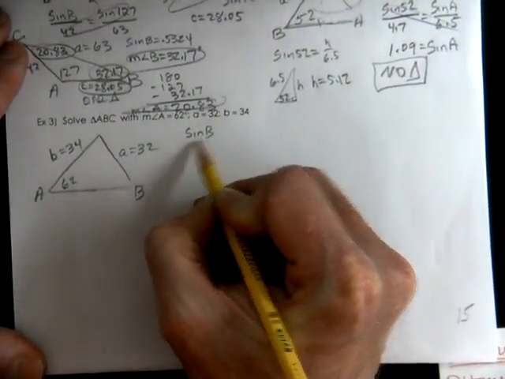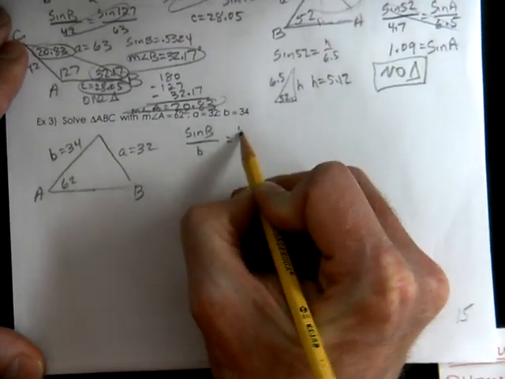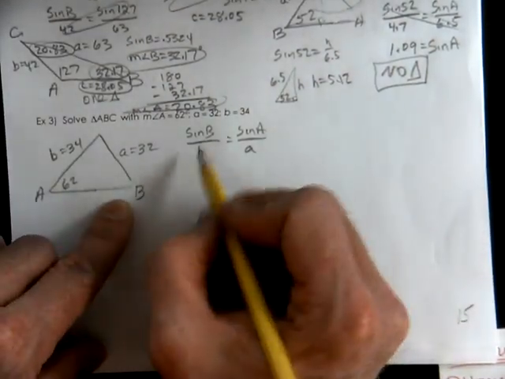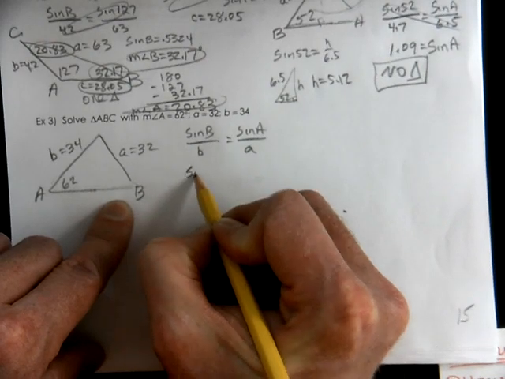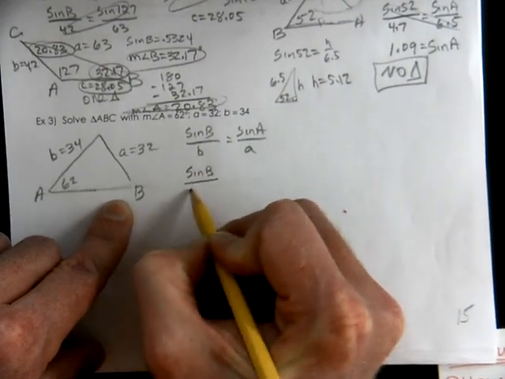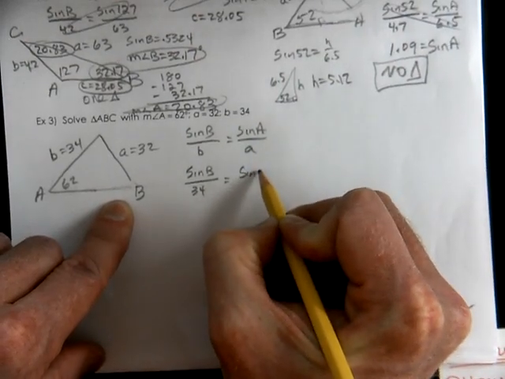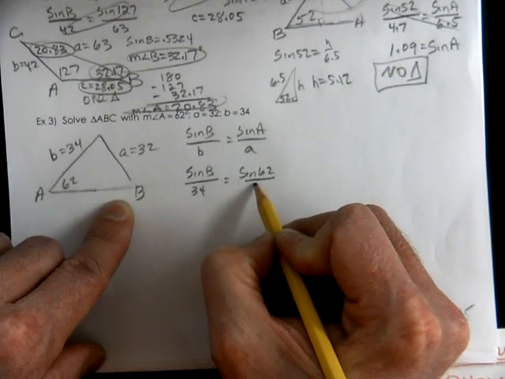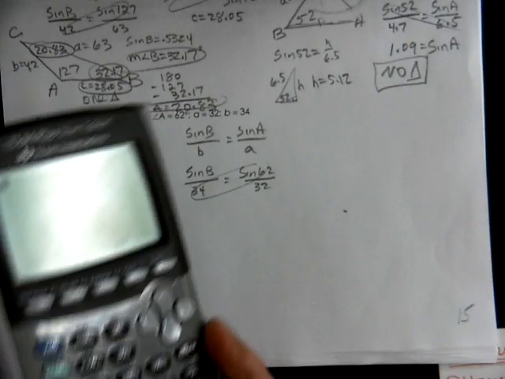Or you can just solve for the angle. Just use the law of sines, see what happens. So we get sine of B over 34 equals sine of 62 over 32. We're going to cross multiply in one direction.